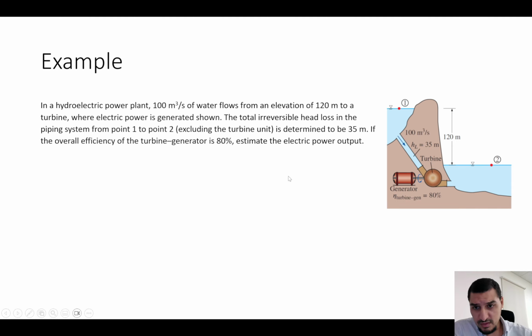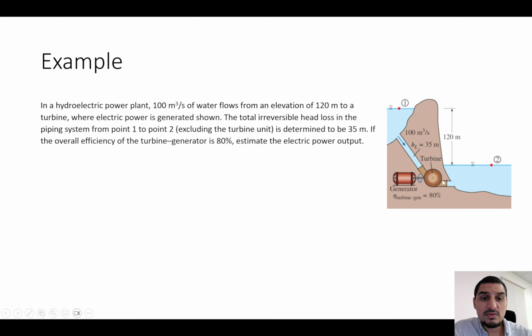The first is about a hydroelectric power plant, a plant that produces electricity from hydroelectric power, which is the power of flowing water. The volumetric flow rate of water is 100 cubic meters per second, and the elevation is 120 meters to a turbine. So we have here this 120 meters through a turbine, and it generates power.